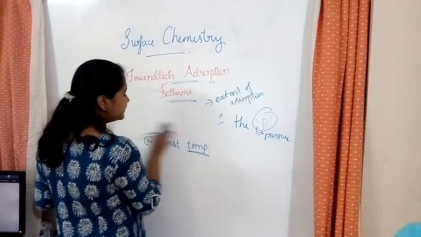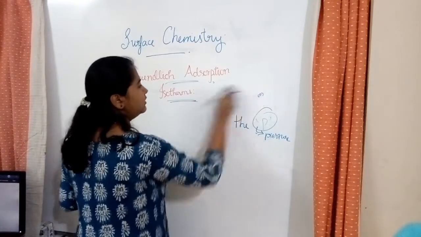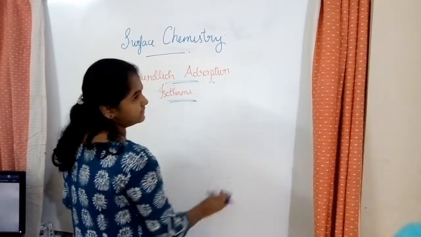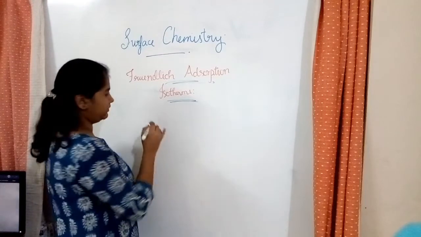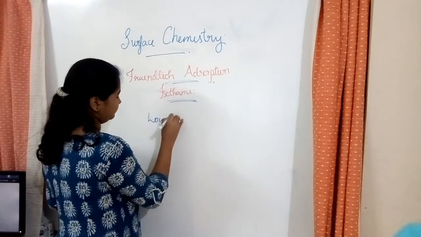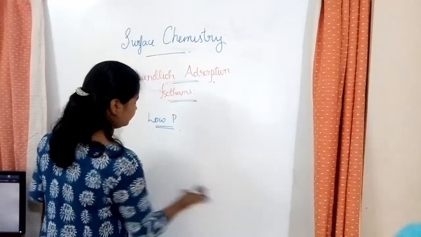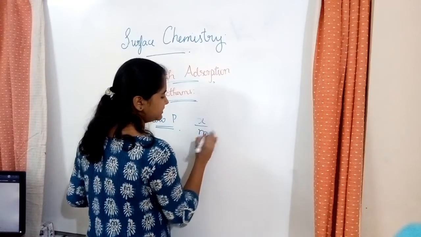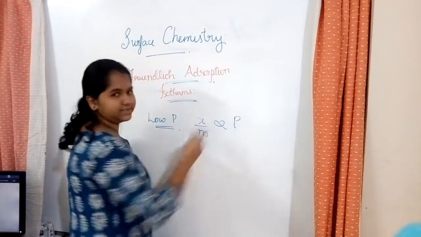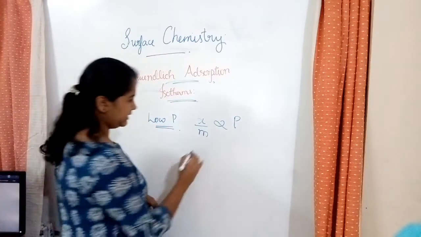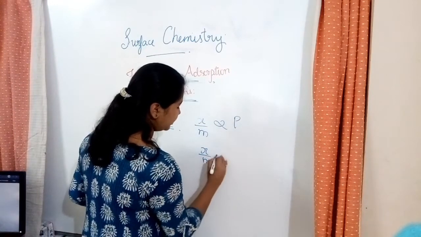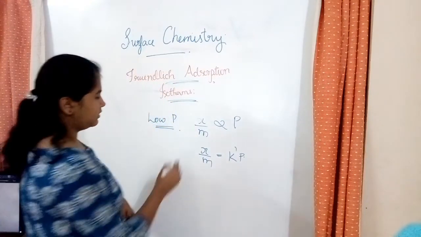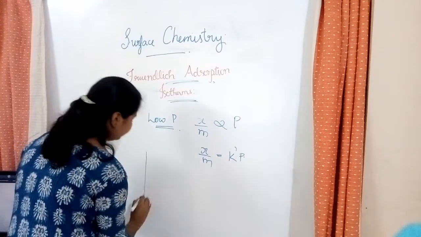For pressure, there are three variations of pressure. One is at low pressure, one is at high pressure, and one is at intermediate pressure. So let's see the low pressure first. At low pressure, we learn x by m is proportional to P. So x by m is equal to k, a constant, into P. Let's draw the graph.